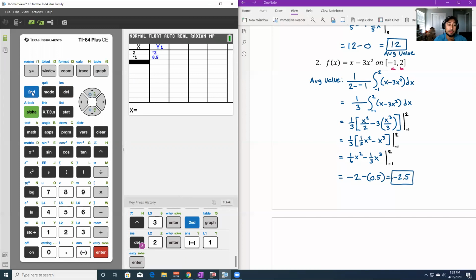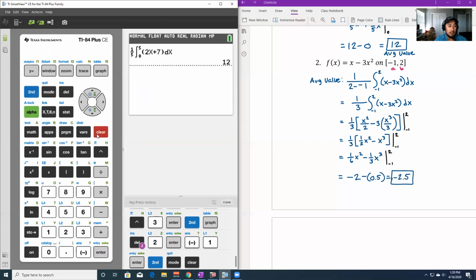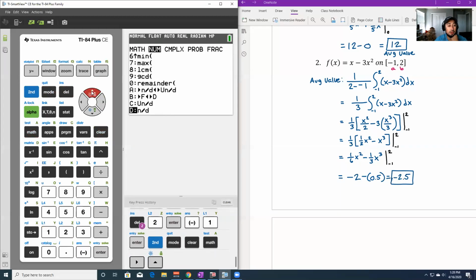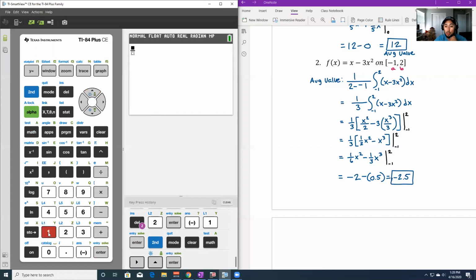Now, for the people who are special and have that special function, let's go back. I'll start with the fraction first, actually. So math, number, fraction, 1. What's on the outside? Okay, and remember, if you're checking your work for the integral, this is the part you're typing in your calculator. So whatever I box in red is what you're typing in your calculator.